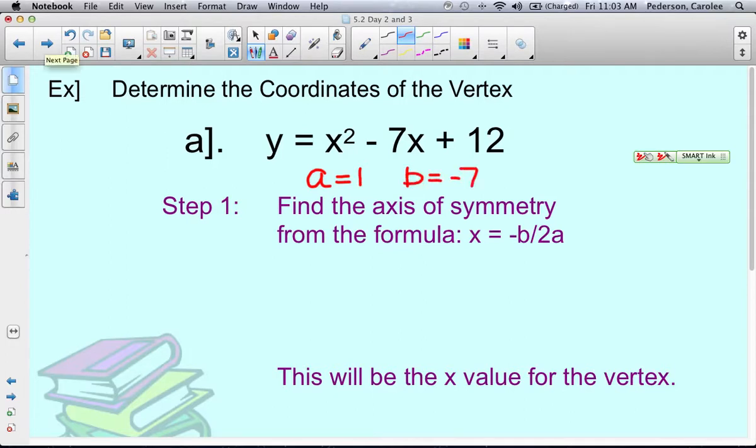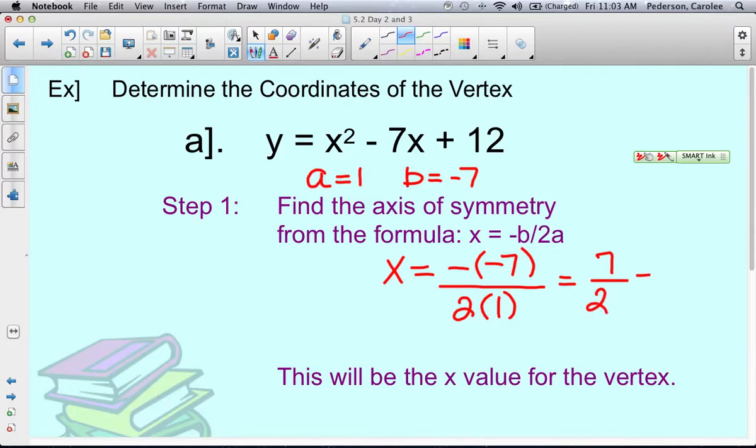Now we're going to substitute it into the formula. So negative b, and b is negative 7, over 2a, and a is 1. Negative, negative is a positive, and then 2 times 1 is 2.